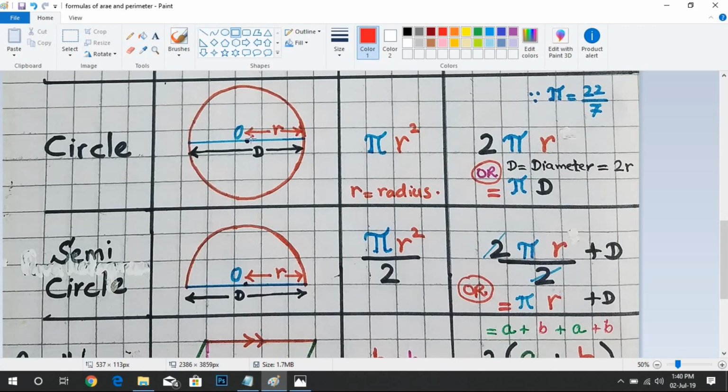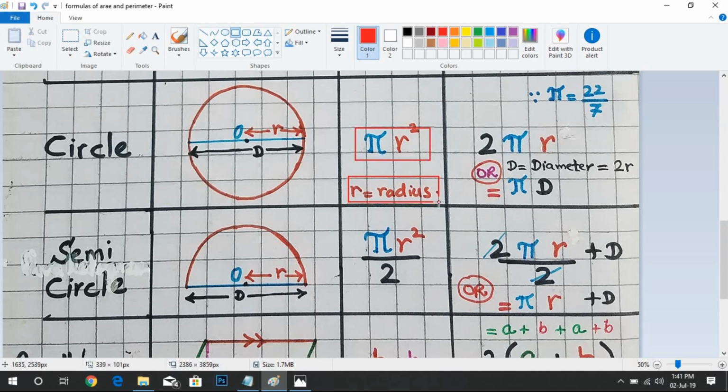This is a circle of radius R. This is R, the radius of the circle. This point is the center of the circle, and the total length D is the diameter of the circle. The area of a circle is equal to pi into r square, where r is the radius.